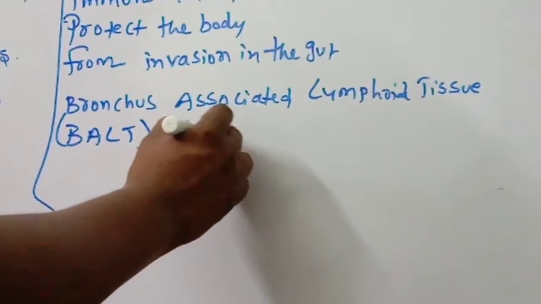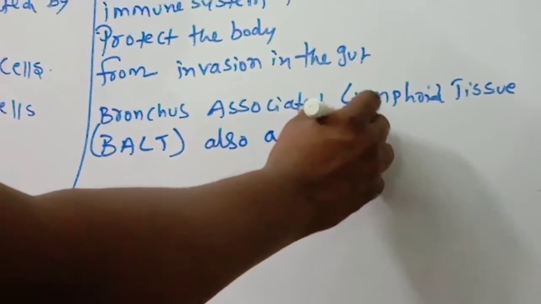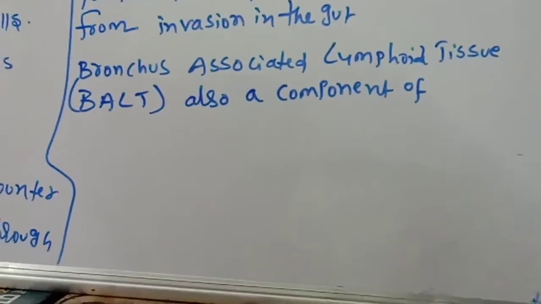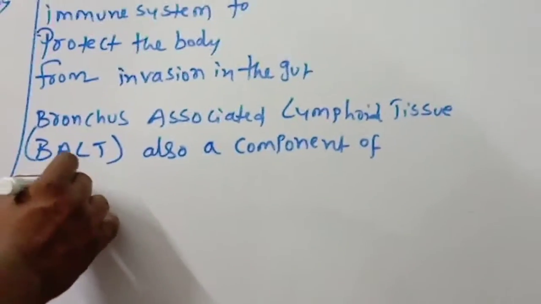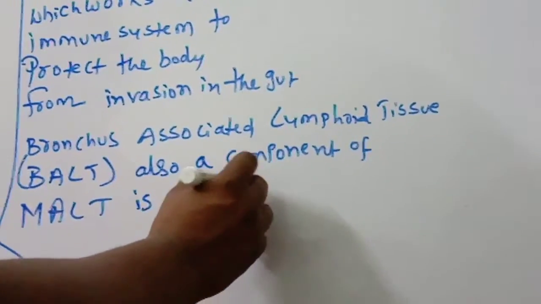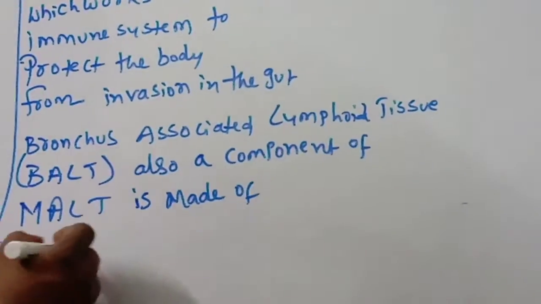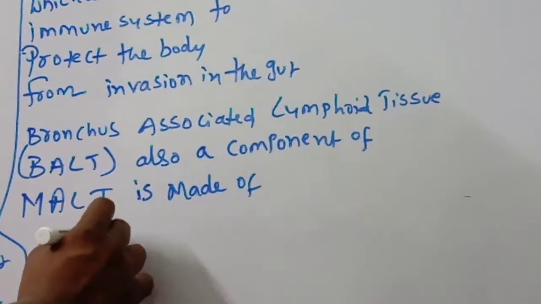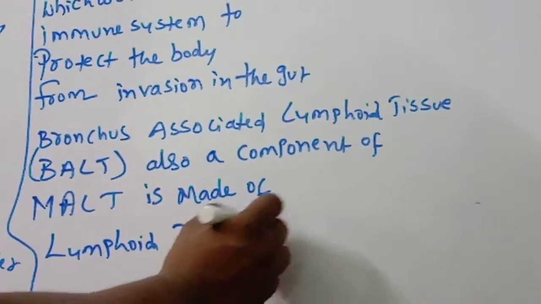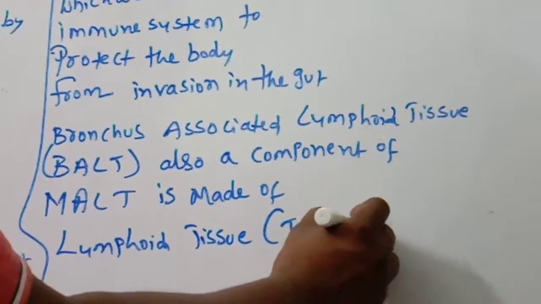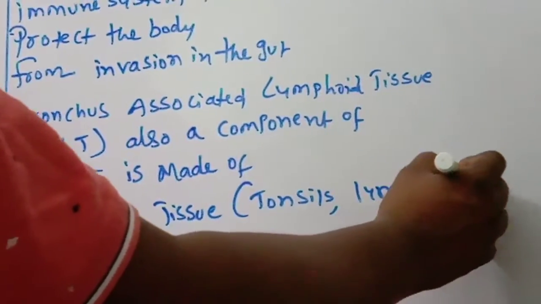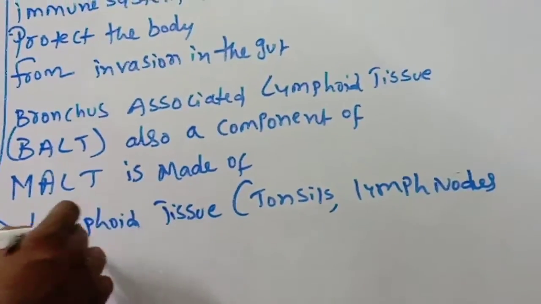Also a component of MALT. It is made of lymphoid tissue. What are those? Lymph nodes and lymph follicles.